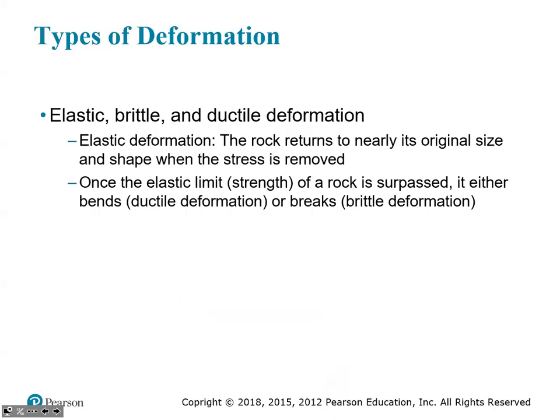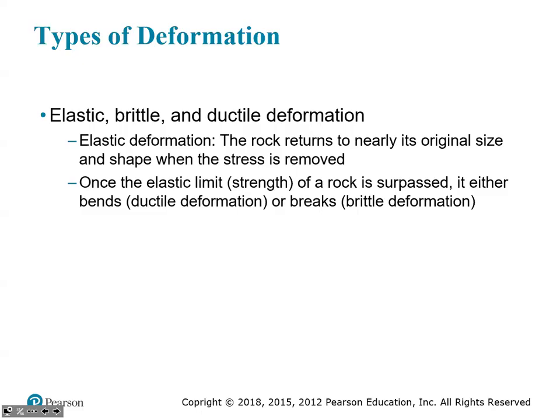So deformation can happen in a few different ways. You can have elastic deformation, which is things change configuration because they're deformed, but they can bounce back. Rock will return to nearly its original size and shape when the stress is removed. This is what springs do. But there's some limit.